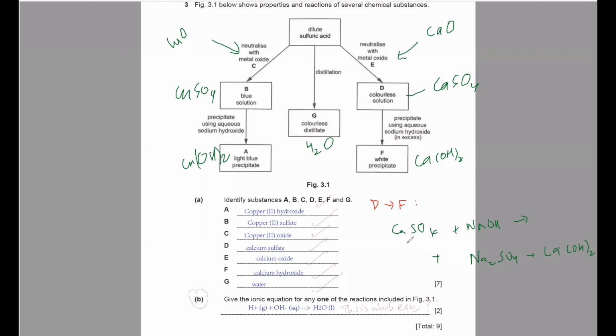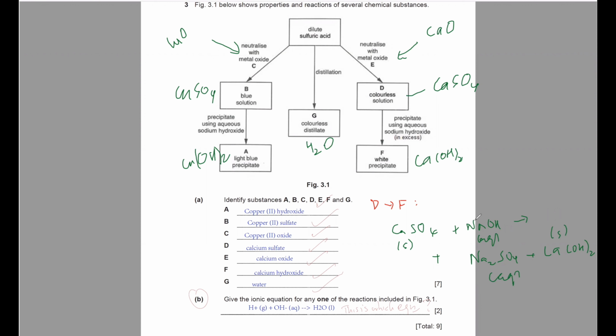So this is also solid. Then you have this equals, and then this is solid.